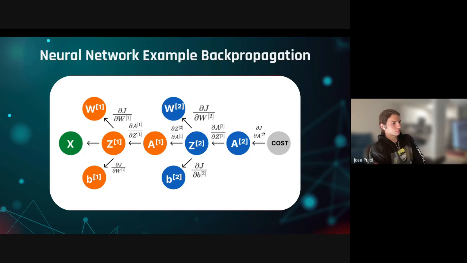So it's going to be the cost with respect to the activation A2, the partial derivative of the activation A2 with regards to the pre-activation Z, and then the derivative of Z2 with respect to W2. I hope that makes sense. But essentially, you're taking these derivatives all the way back, and it's just a way for you to do the chain rule very efficiently.